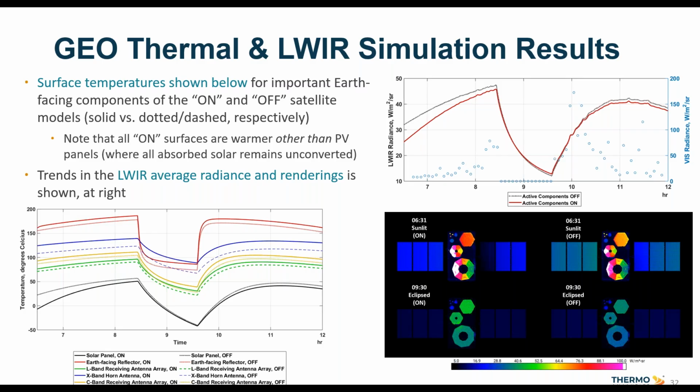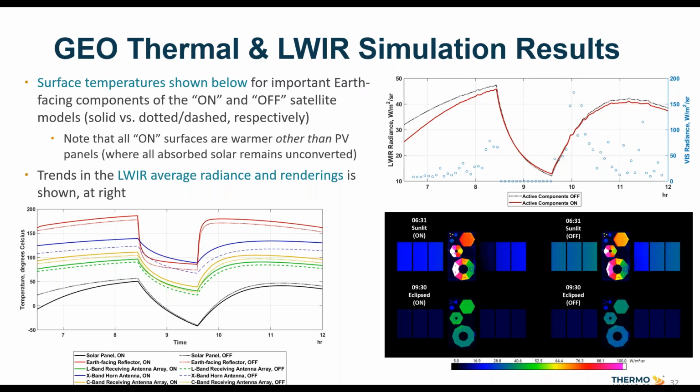The black dotted line represents the off model, and the red curve is the baseline on satellite. And we see that the off model actually has a larger average signature from this perspective than the on model. And that's because those solar panels are so big and dominate the average, that because they're warmer for the off model, the average is higher.